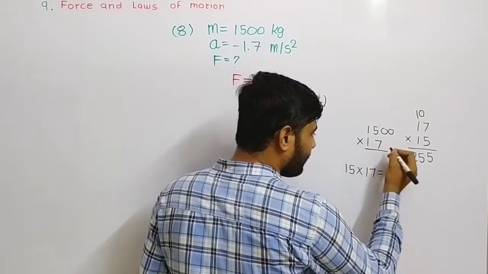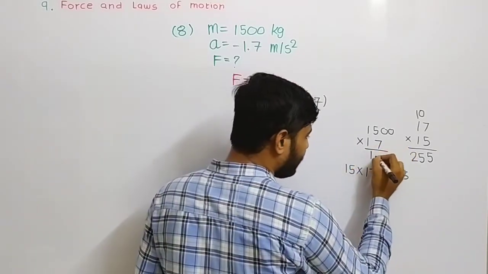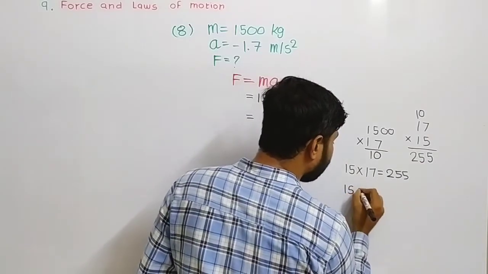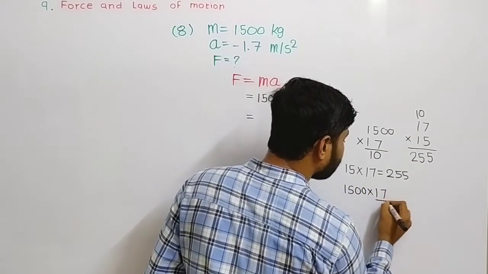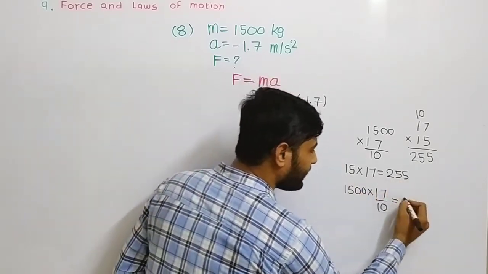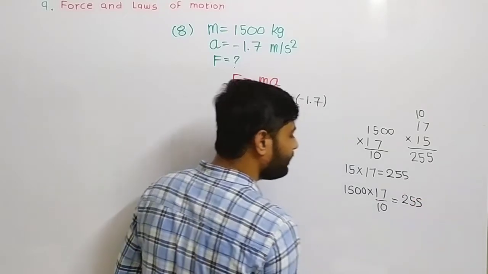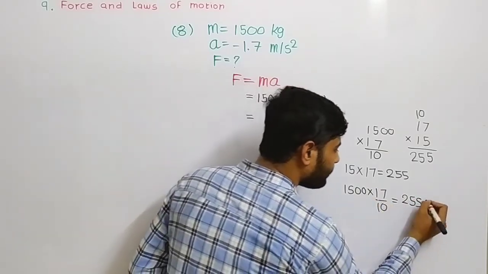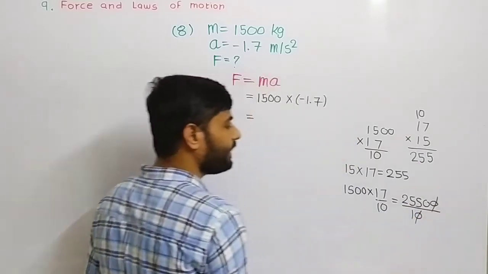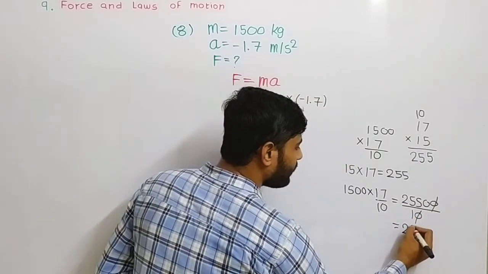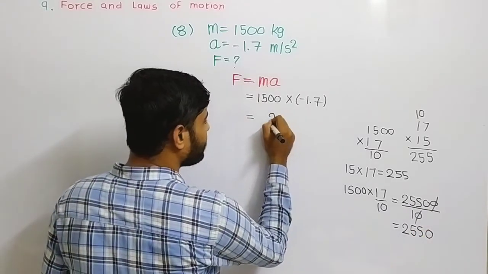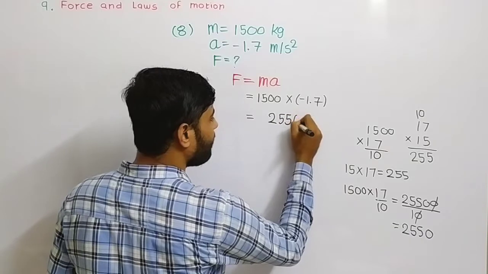But 1.7 is nothing but 17 divided by 10. So 1500 into 17 divided by 10 is equal to 15 into 17, that is 255, and here we have 00 divided by 10, so the 10 will be cut, and we have the answer 2550.